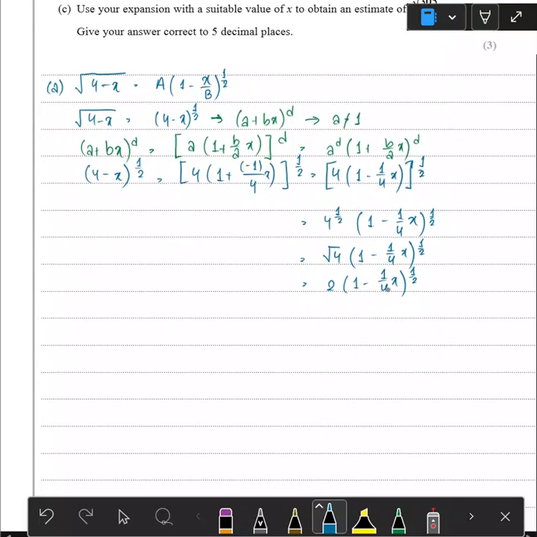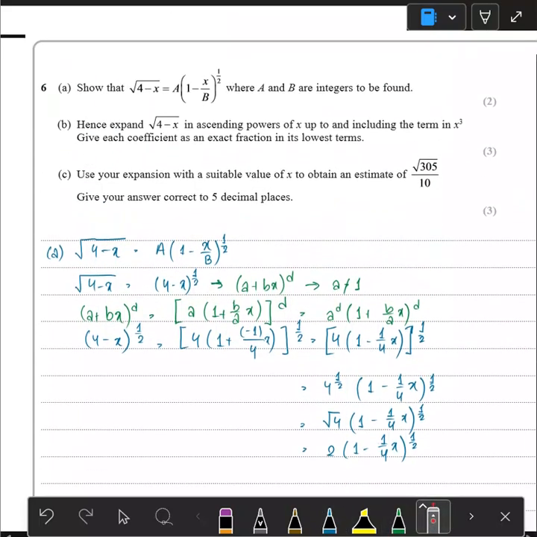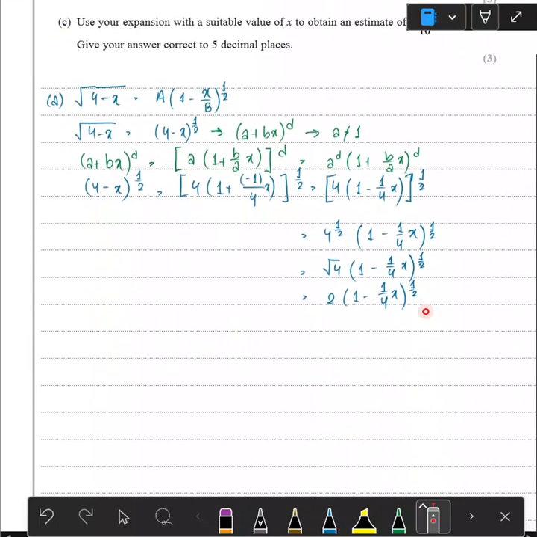Now, we are asked not only to show it, but we have to find the values of a and b as well. So if I write it in this way, a(1 minus (1/b)x) to the power of half, and if you simplify this, a is equal to 2.